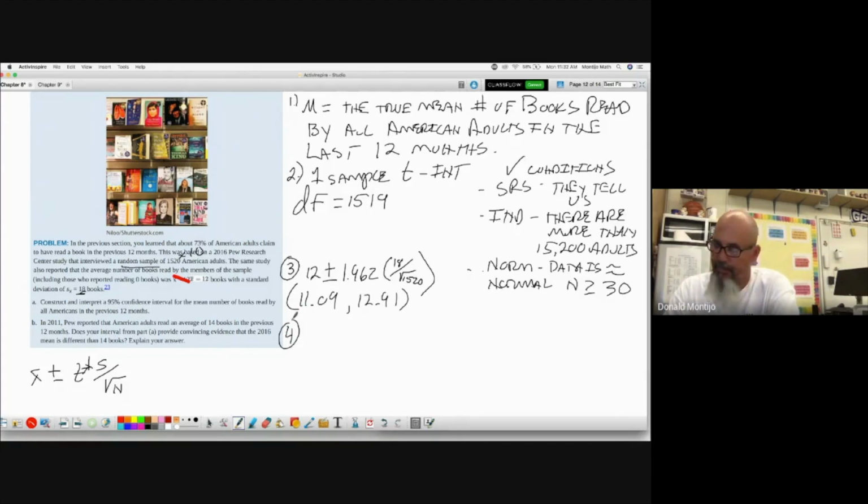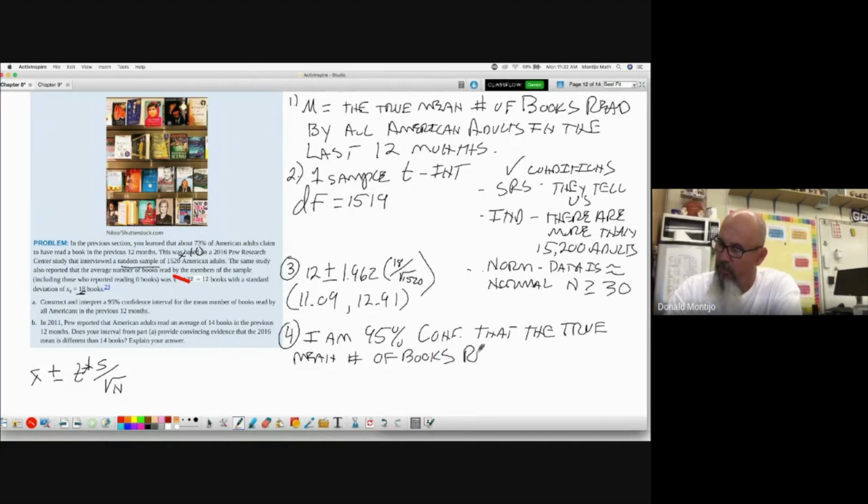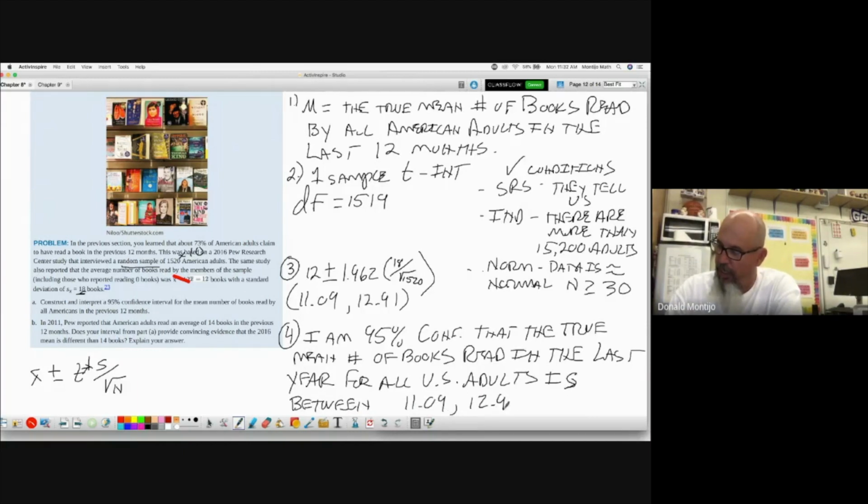So, I am 95% confident that the true mean number of books read in the last year for all U.S. adults is between 11.09 and 12.91.